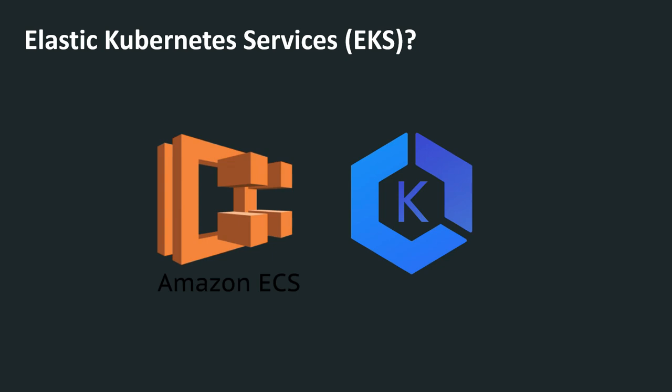AWS actually has another service which is for managing Kubernetes clusters on AWS infrastructure. So, an alternative to ECS, you have a service called EKS, which stands for Elastic Kubernetes Service, that lets you manage Kubernetes clusters.